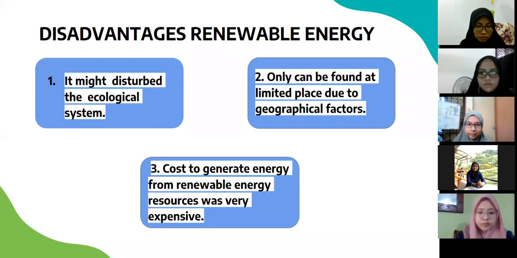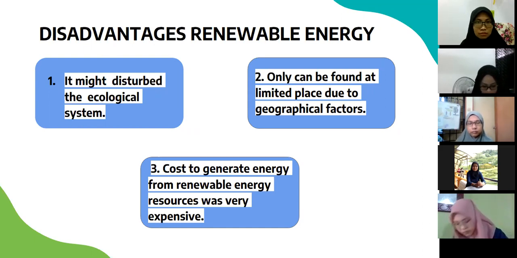Okay, so even though renewable energy has a lot of advantages, sometimes it gives a few disadvantages, such as it might disturb the ecological system. For example, the development of them to generate hydroelectricity might cause deforestation. So the flora and fauna will feel threatened and slowly become extinct due to its progress.